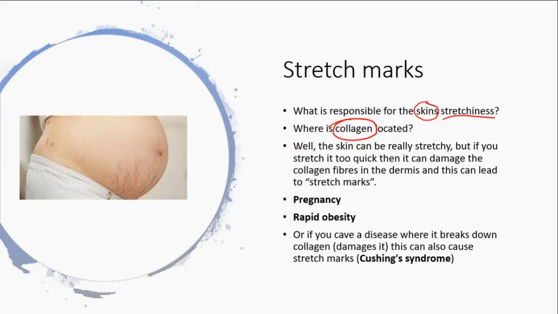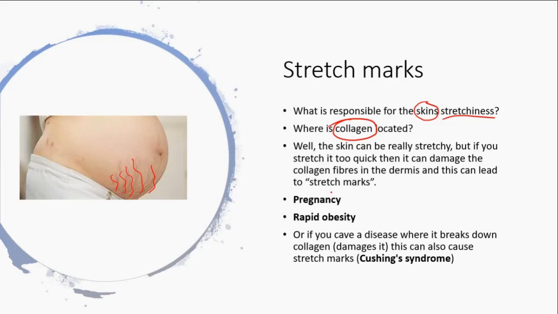Okay, because these stretch marks are not supposed to be there, because essentially there was supposed to be enough collagen for the skin to just expand normally. But these stretch marks are basically broken down collagen. The collagen wasn't strong enough to accommodate that increase in size.